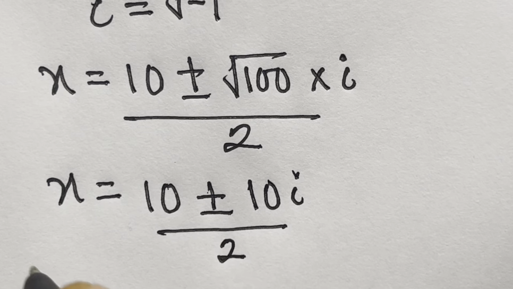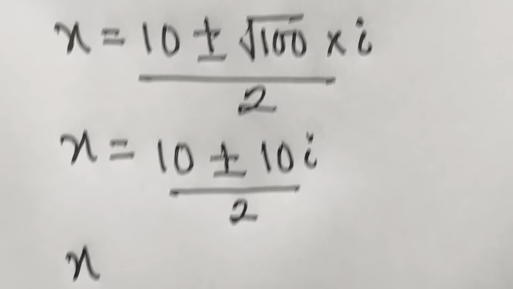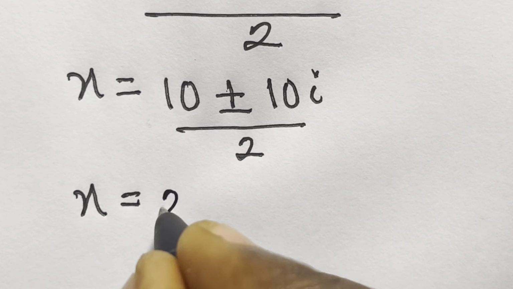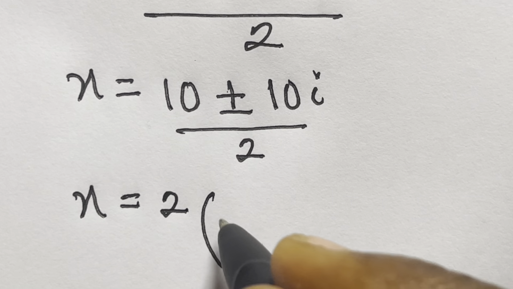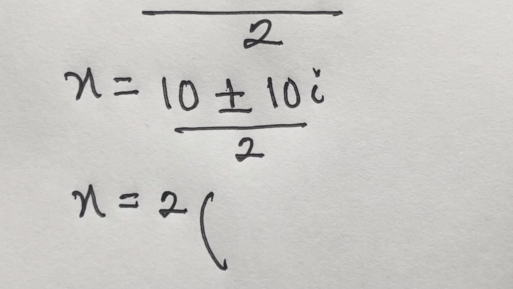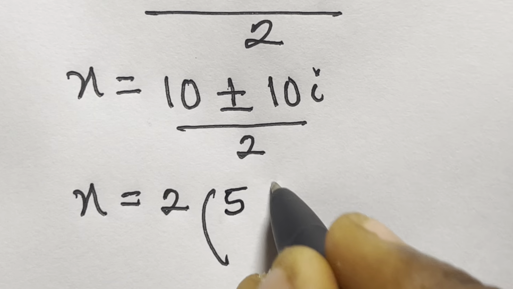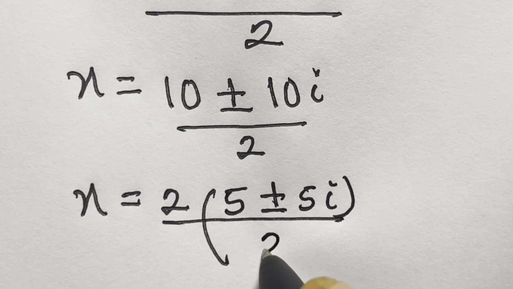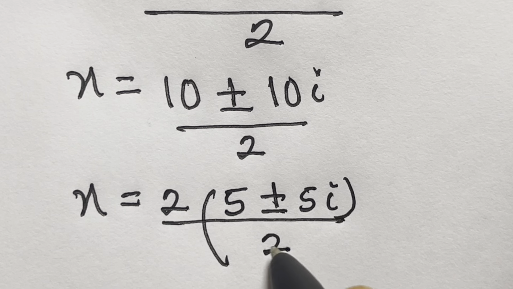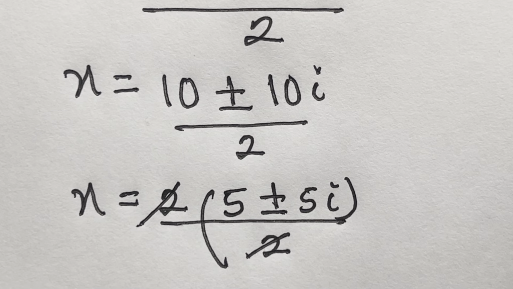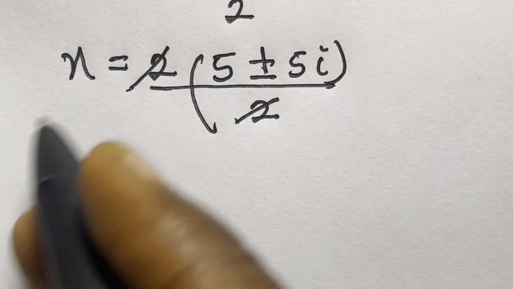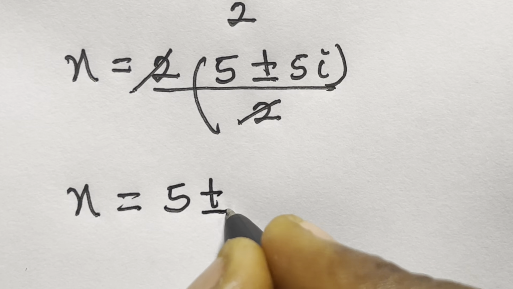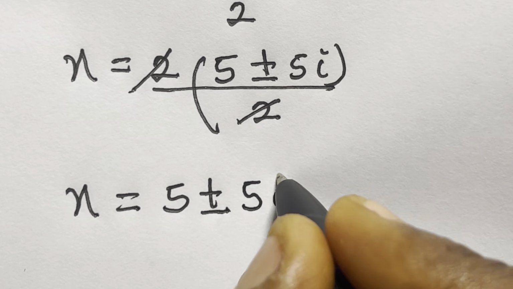So from here, you see that we can factorize 2 out here. So what will be left here? We will have 5 plus or minus 5i. So we can have it like this, and we know that these two will cancel these two. So we'll have x equals 5 plus or minus 5i.